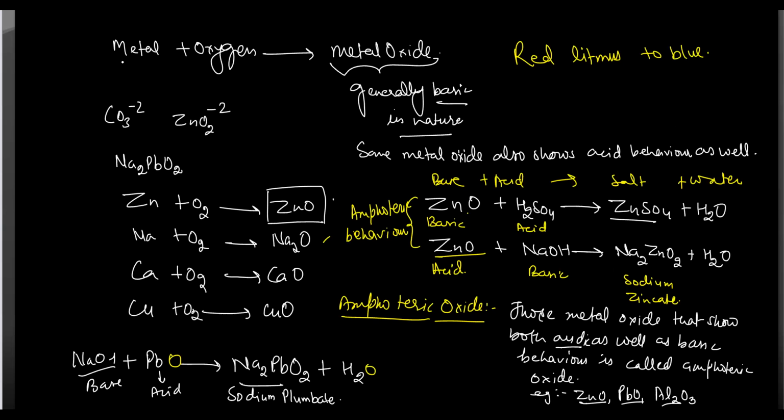Next property of metals. Metals when they react with oxygen, they form metal oxides. And generally, metal oxides are basic in nature. Why are metal oxides basic in nature? You know that NaOH is a base. How this NaOH is formed, I have discussed in the previous class.